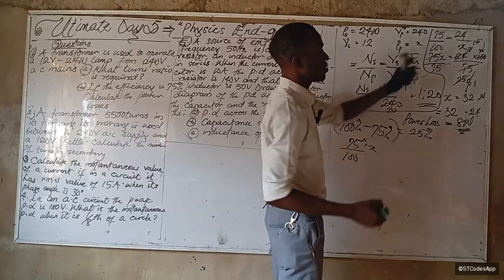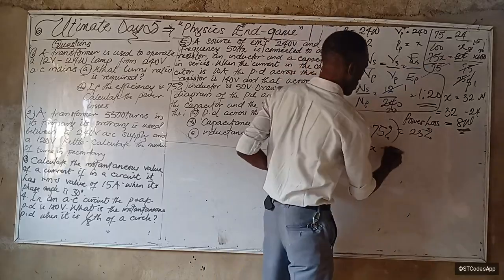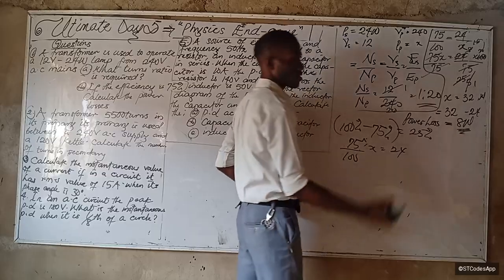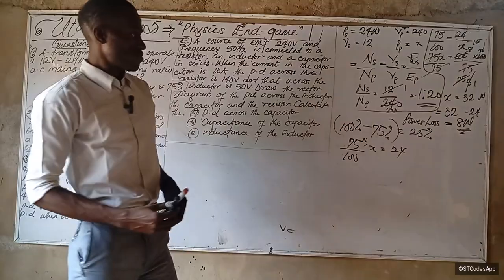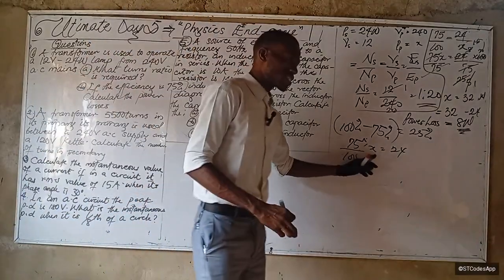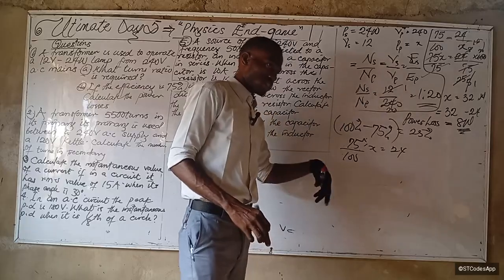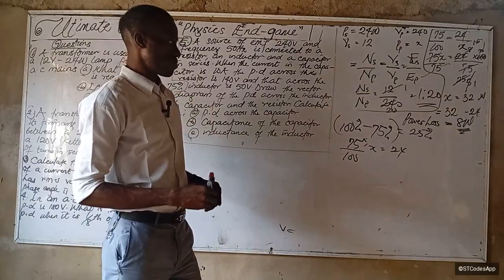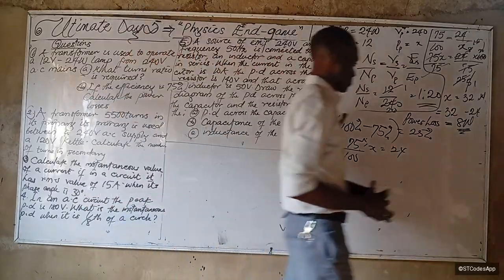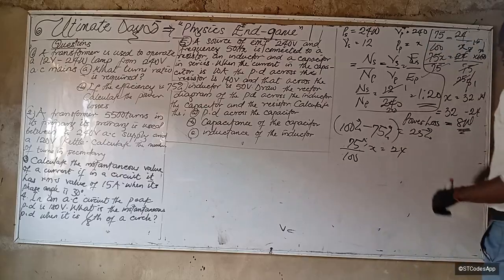It's the same thing. 75% of x is equal to that 24. It's still the same. So when we get x, do you understand? That's it.